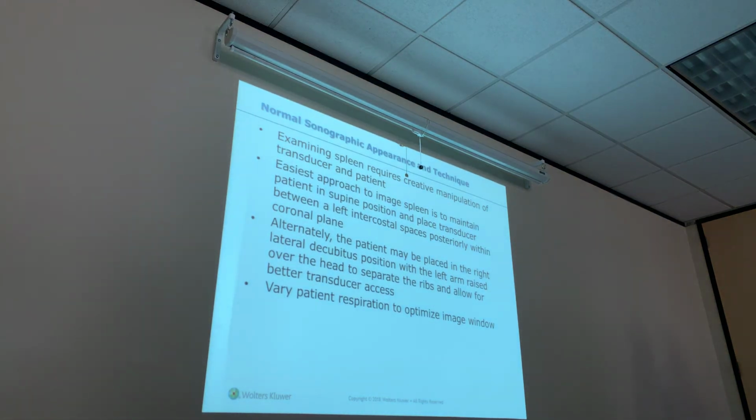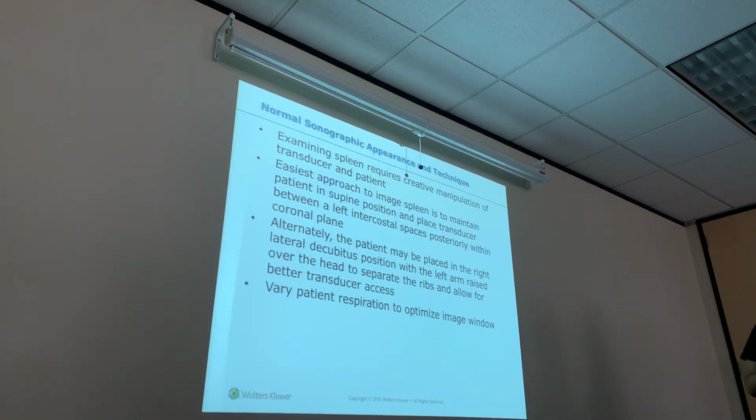But of course, you always check in supine, but if the patient is supine, you're gonna be reaching all the way over by leaning over and going more towards the posterior of the patient to try to locate the spleen. The patient may be placed in the right lateral decubitus with the left arm raised over the head to separate the ribs and allow for better transducer access.